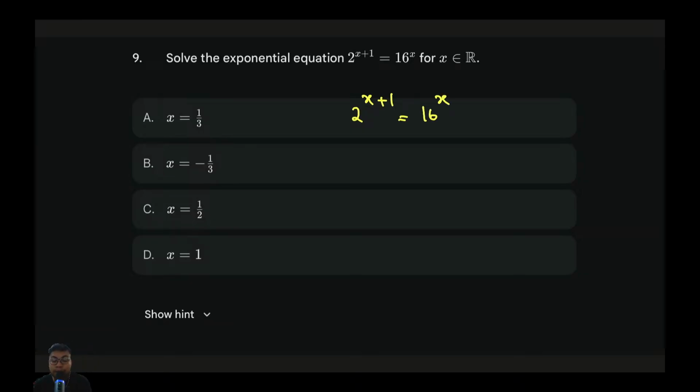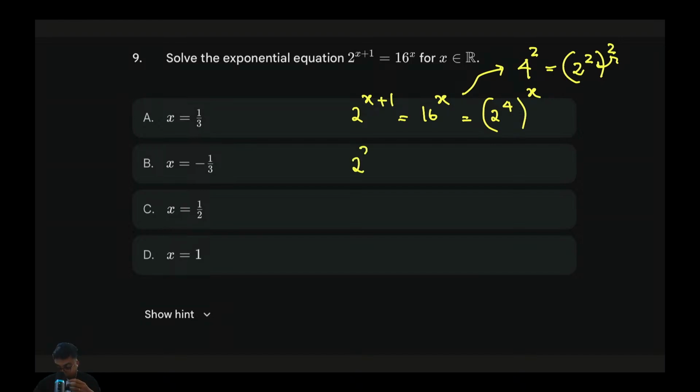First of all, we should know whenever we try to find the roots from the equation of exponent, we must make the base from both sides equal to each other. So 16 can be written as 2 to the power of 4. Why? Because 16 equal to 4 squared, and 4 equal to 2 squared, and squared times squared is going to be 2 to the power of 4.